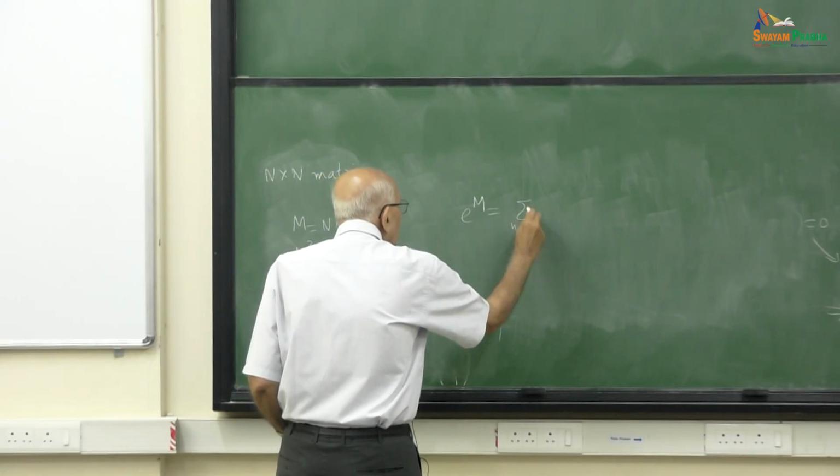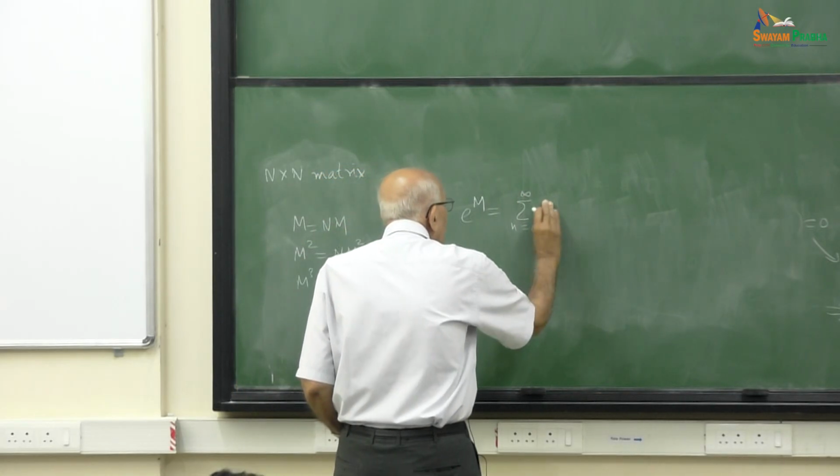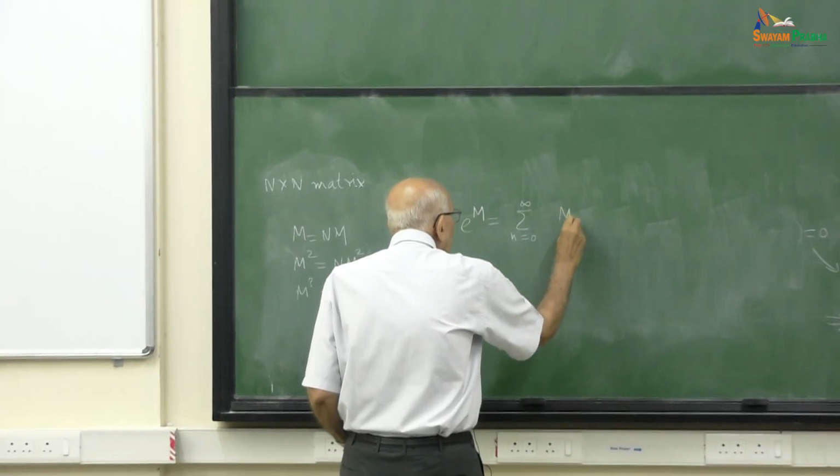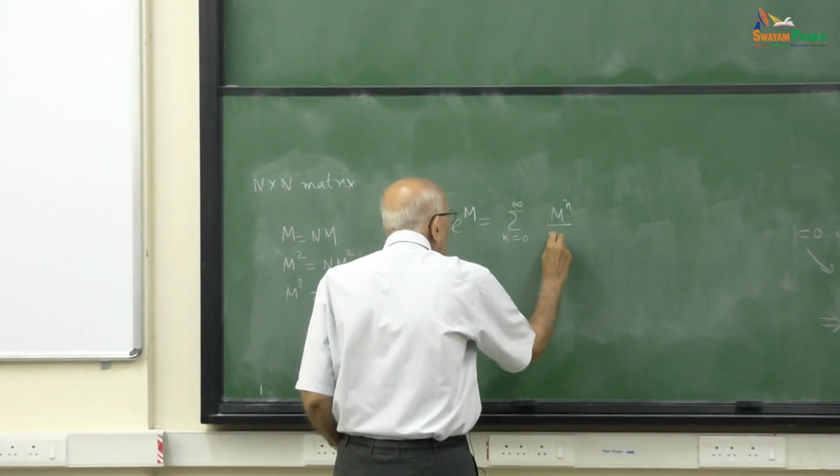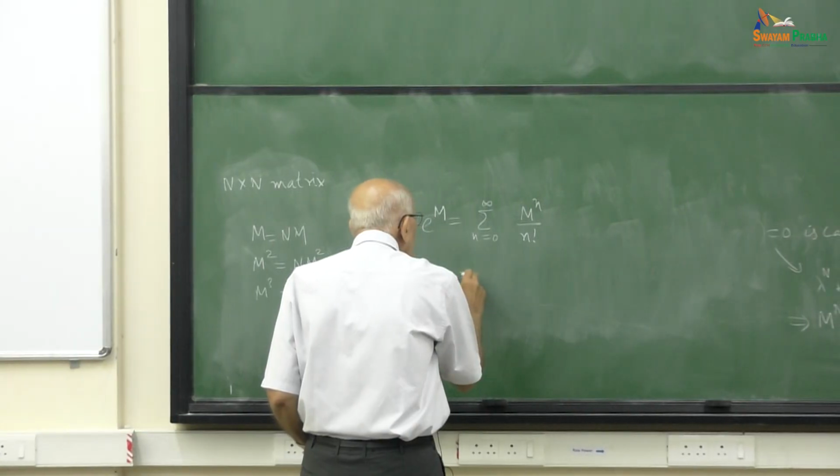Summation n equal to 0 to infinity of m to the power n over n factorial is equal to I.